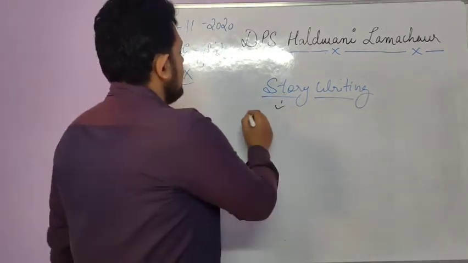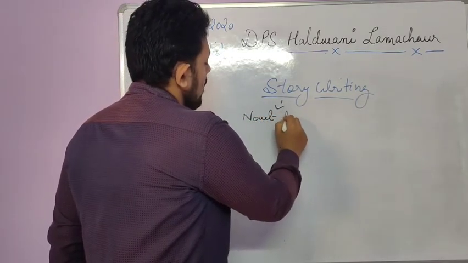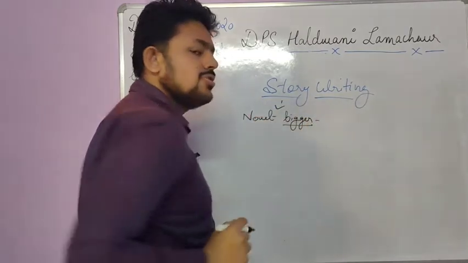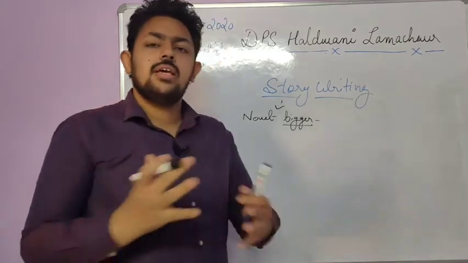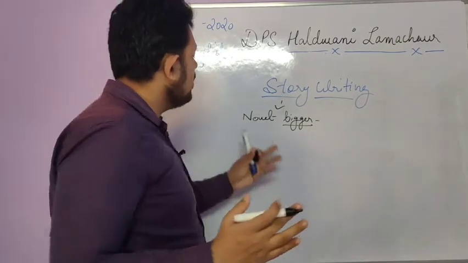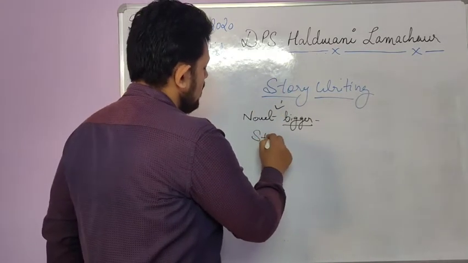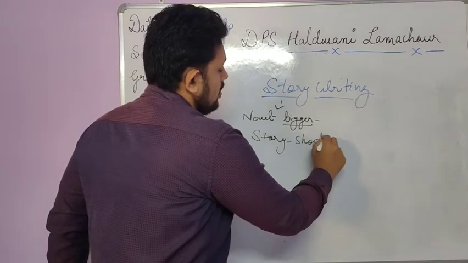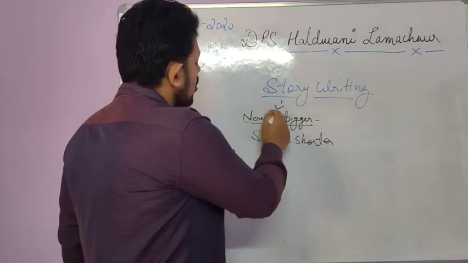So, a novel is a bigger text that has so many little stories, short stories, that get together and become a novel. But a story is a shorter version of the novel.